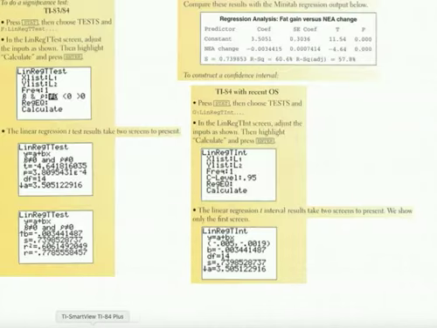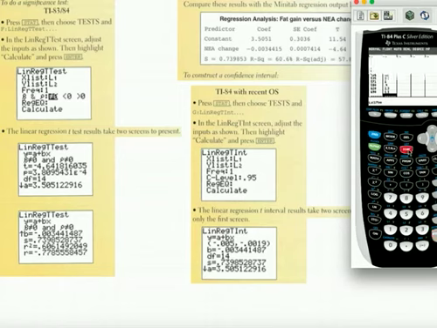So then from there, you would hit stats, go over to tests, and you're going to do the Lin Reg t-test, which is going to be F. So you can do alpha, and then the cosine button, and that would take you there. So hit enter.